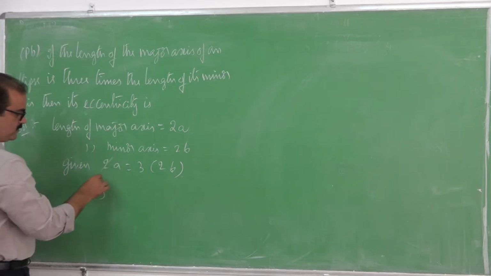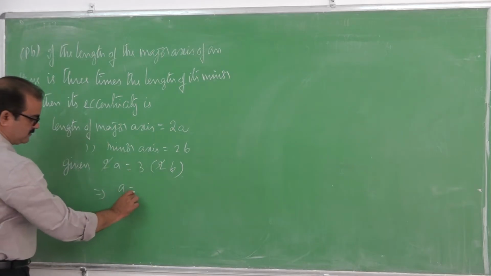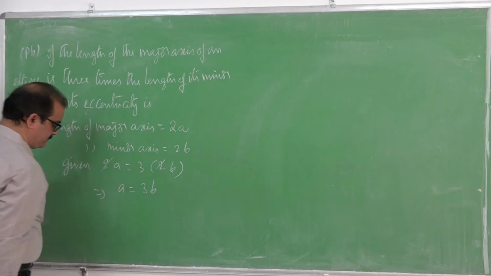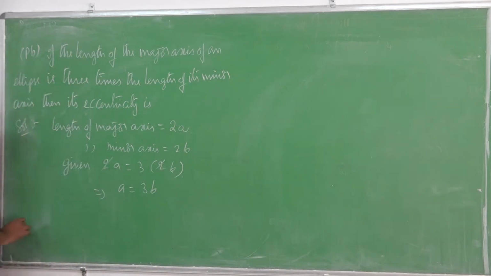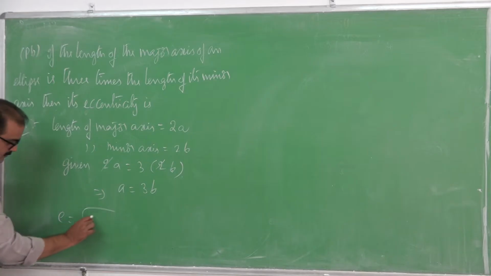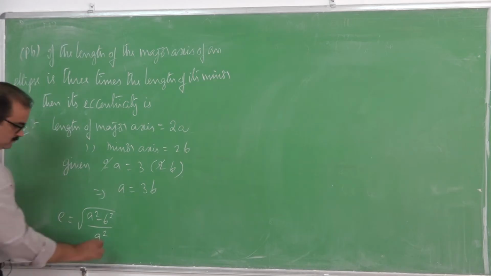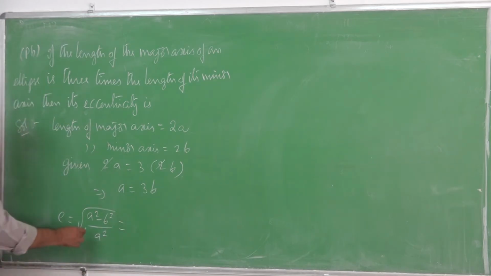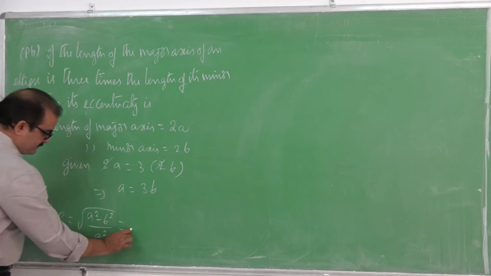Here 2 get cancelled. a is equal to 3b. What is the formula to find eccentricity e? e is the root of a square minus b square by a square. Put a is equal to 3b.